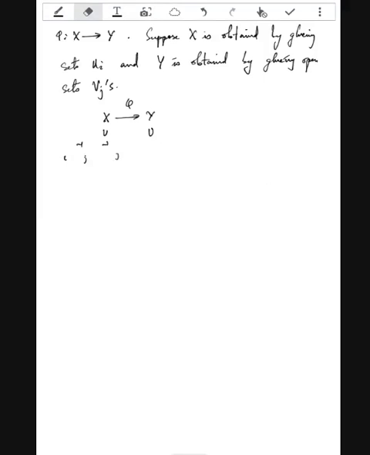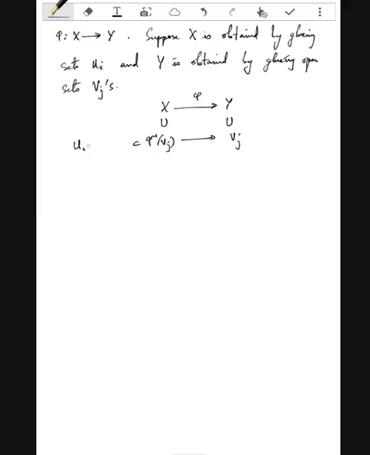So let me make a slightly bigger picture: X, Y, phi inverse of V_j, U_i intersected with phi inverse of V_j. This is a subset of some R^n, and this is a subset of some R^m.